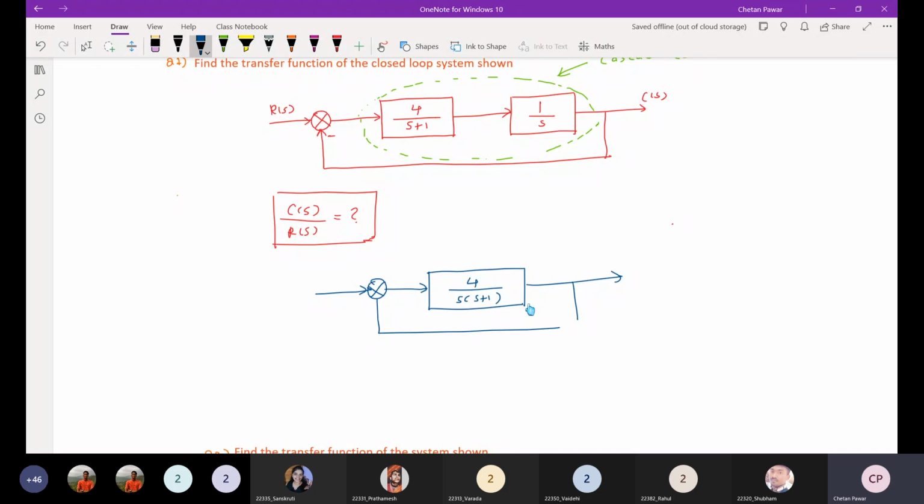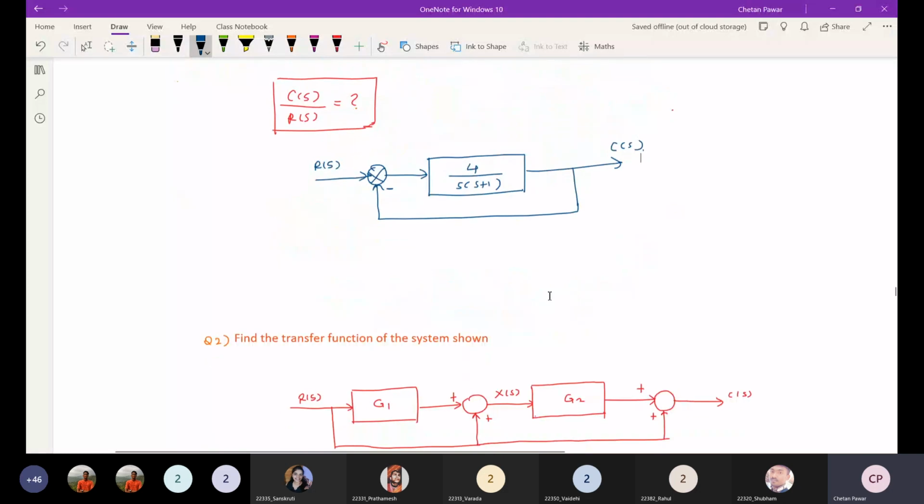Now we got one simple loop, right? So tell me what is the block diagram reduction rule for this particular closed loop?